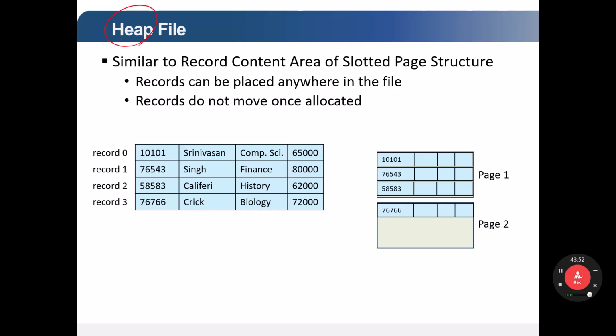This heap is not the data structure heap. In data structure class, you learned max heap, min heap, right? Min-max heap. This heap is not that indexing structure. What this means is just a bunch of randomly accumulated data.